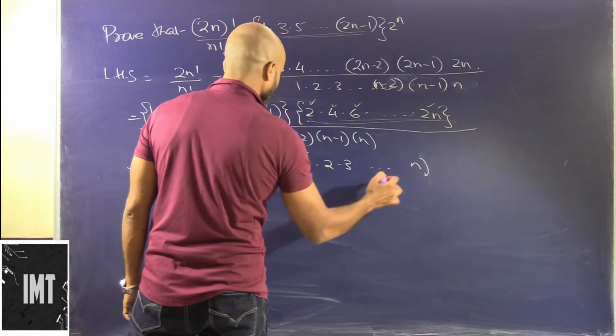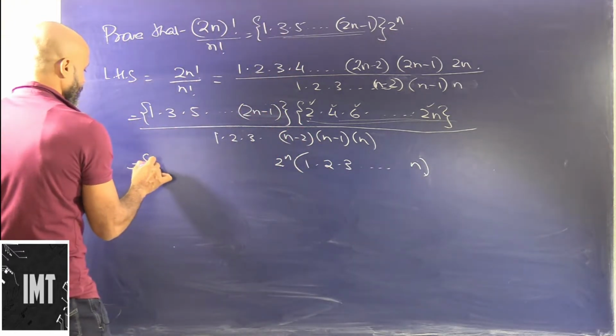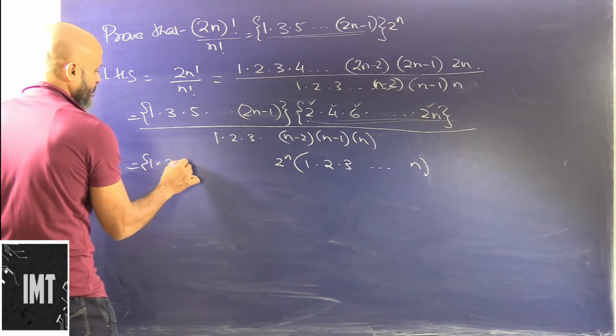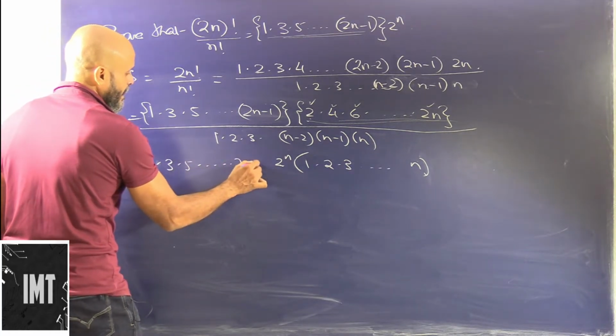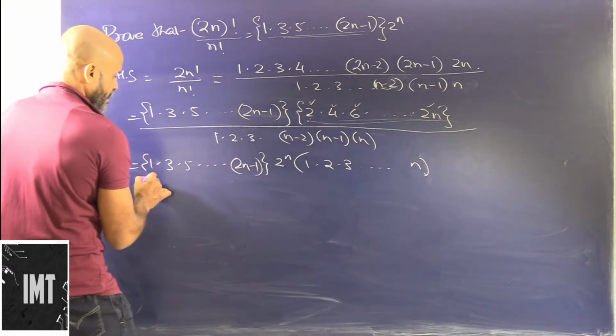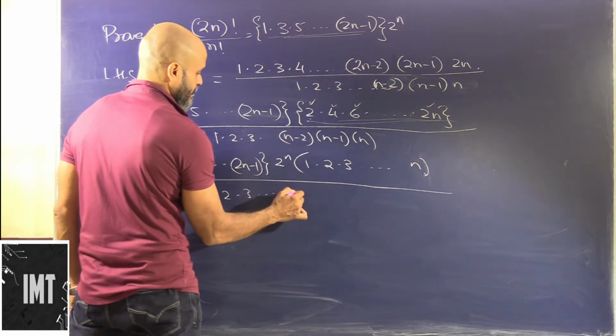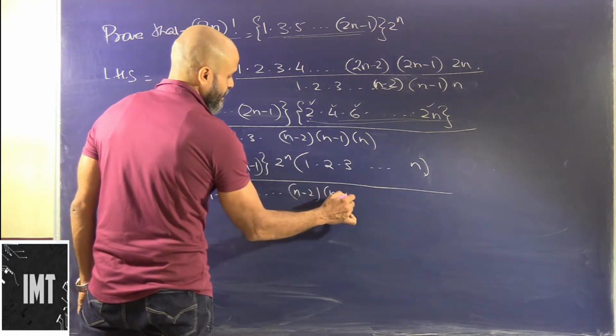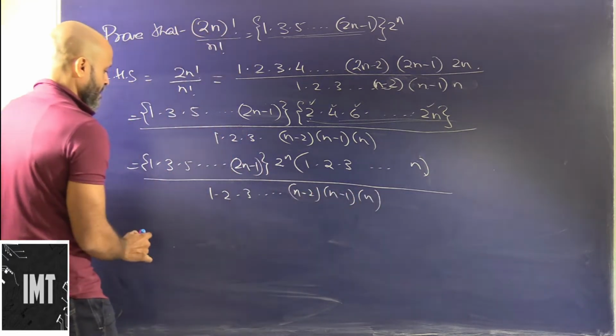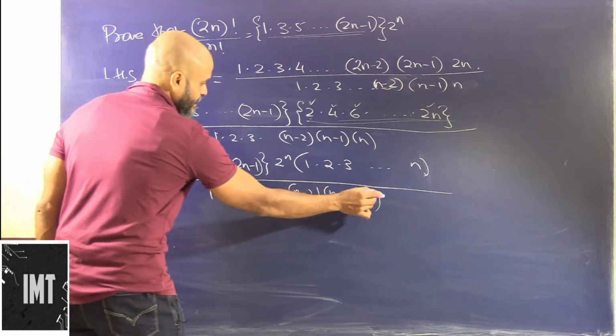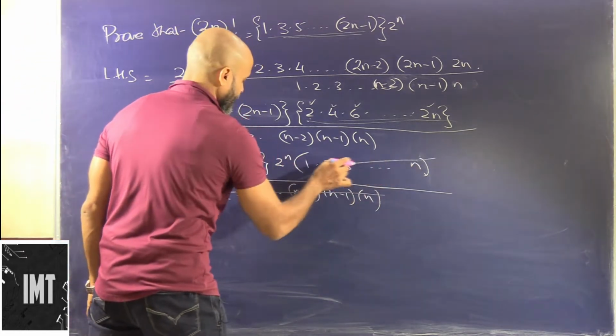Okay, so 1 2 3 till n, and here we have 1 into 3 into 5 till 2n minus 1. This entire thing upon 1 2 3 n minus 2 n minus 1 n. So here this entire thing and this entire thing get cancelled.